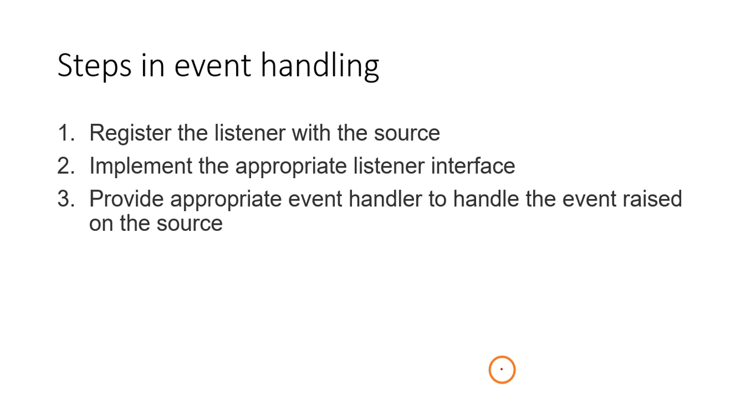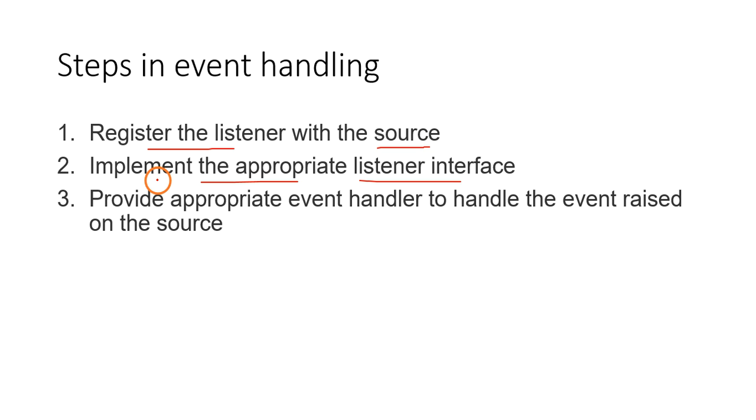Then what are the different steps in event handling? There are three steps. First, you need to register the listener with the source. Second, you have to implement the appropriate listener interface, whichever you want, because there are so many listener interfaces. You have to implement whatever is necessary for your program.